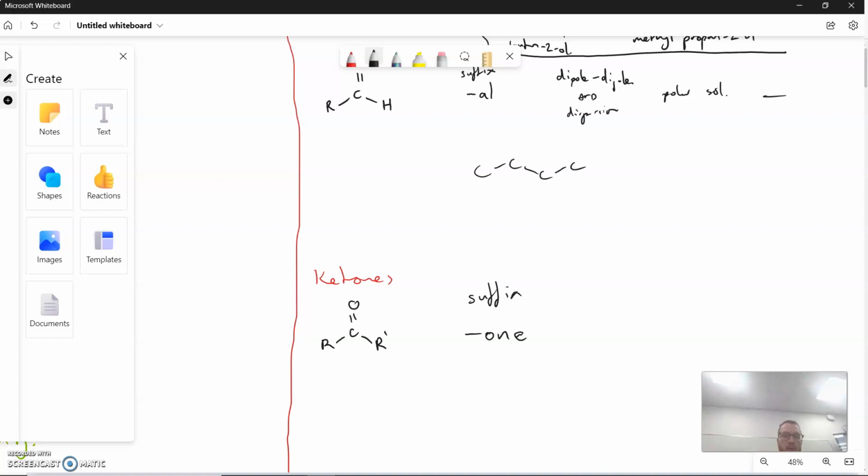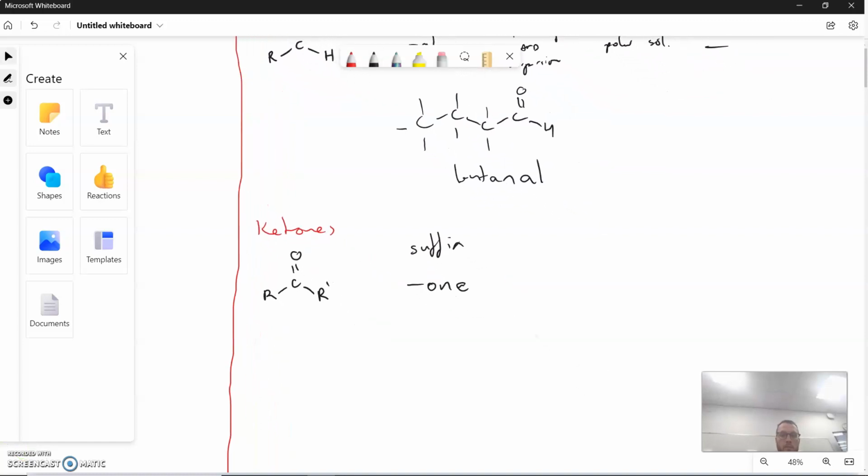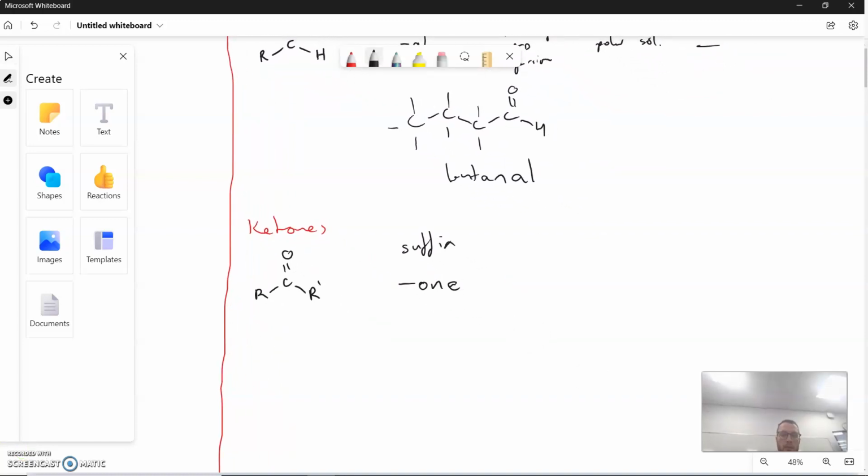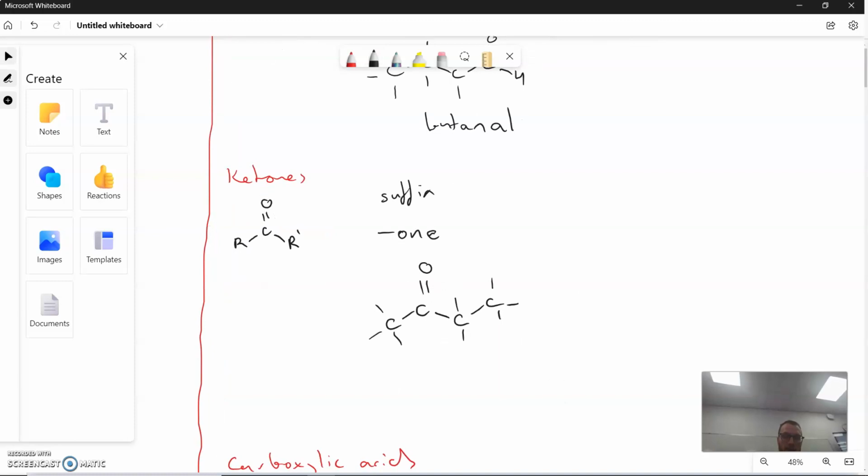So an example, that would be butanal. An example of a ketone, just do a simple example. I'll do the same, right? Same trend in examples. This would be butanone.